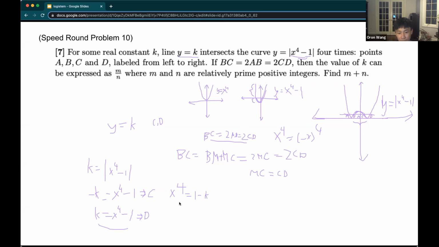And we know that C is positive, so x is the fourth root of 1 minus k. Similarly, we get x to the fourth equals 1 plus k for D. So in this case, x equals the fourth root of 1 plus k.